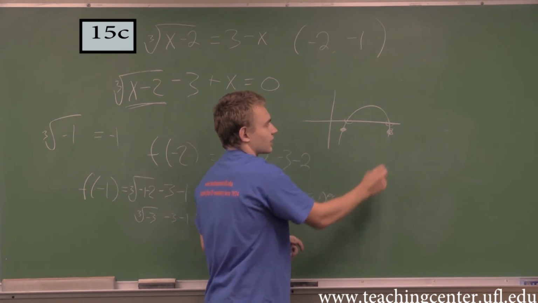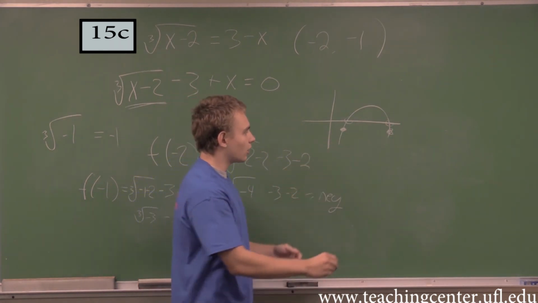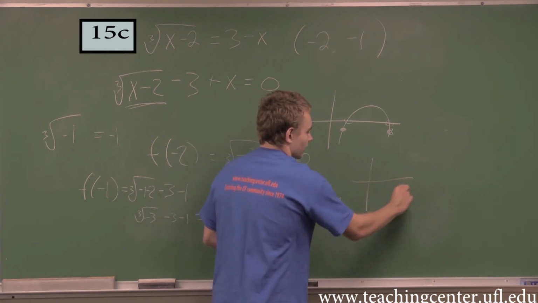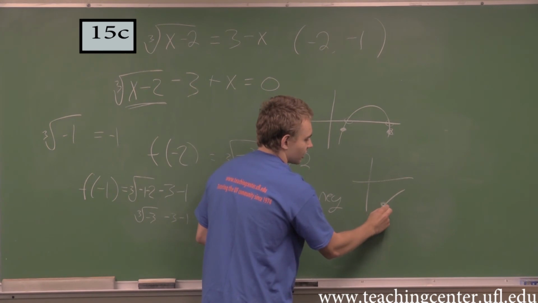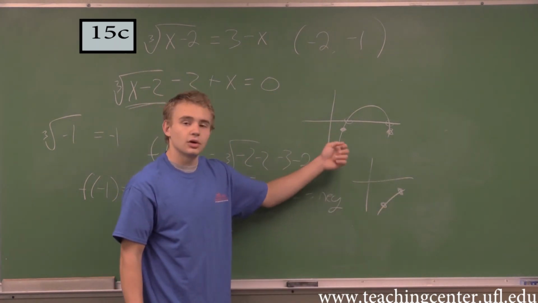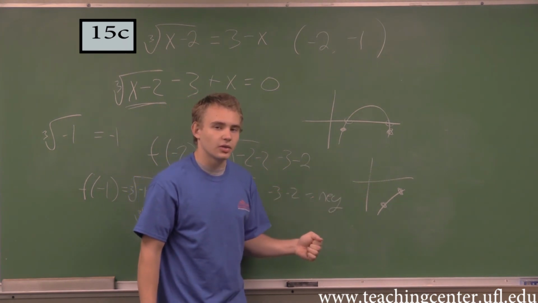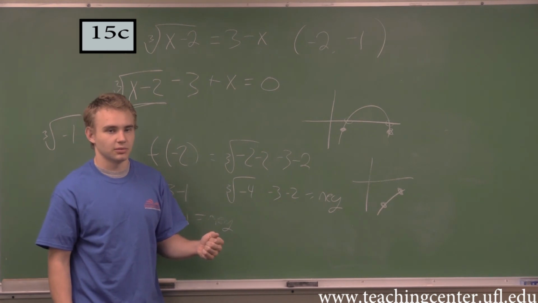I can still plug in x values and make my y value 0. But it could have also been a function that looks like this. Okay, and I plugged in this number and I got a negative, and this number and I got a negative. So I don't know. I don't know if there are solutions. But I do know that by intermediate value theorem, it doesn't guarantee me any solutions.